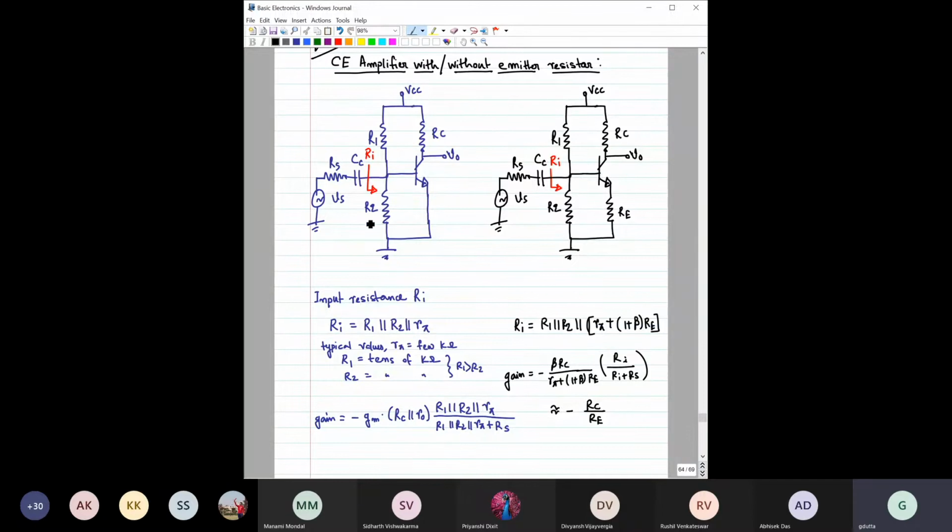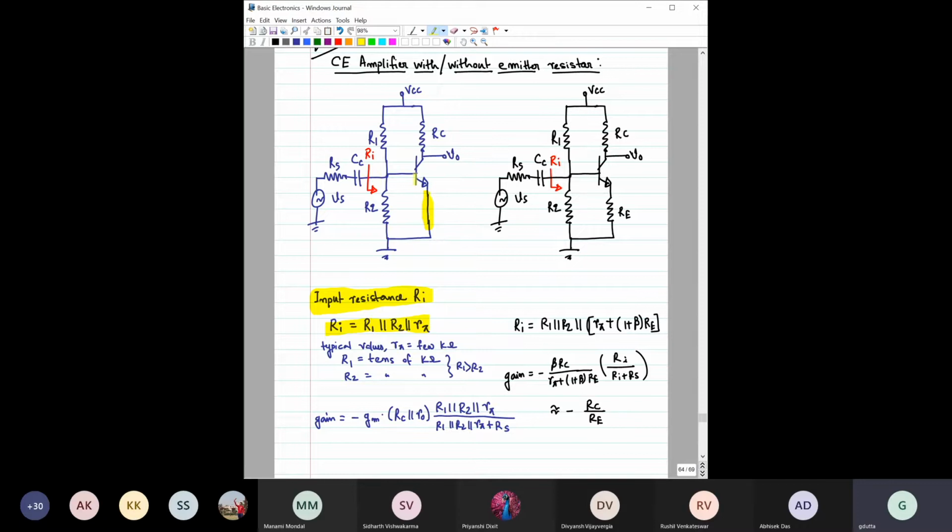So, a couple of important things that we can see from here. For example, what about the input resistance? For both cases, with or without the emitter resistor. See this input resistance, when you do not have this resistor here, it is like this. R1 parallel R2, that you know, right?